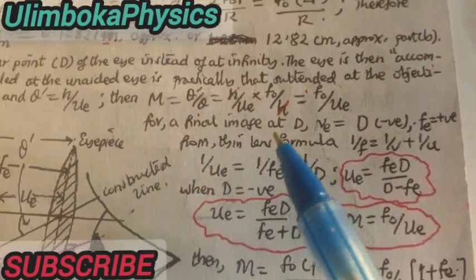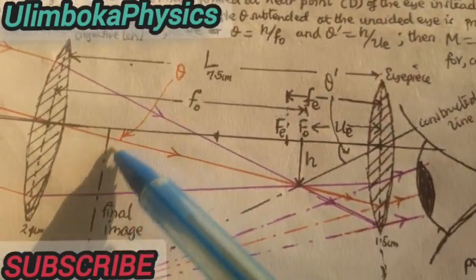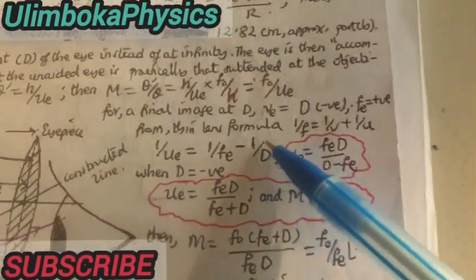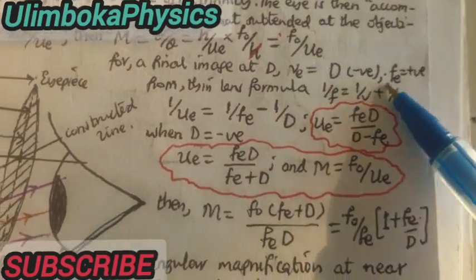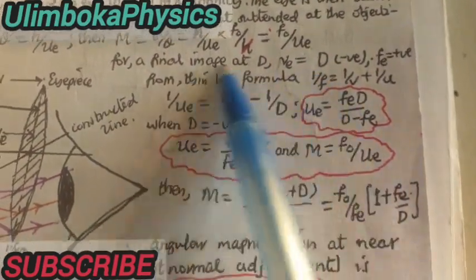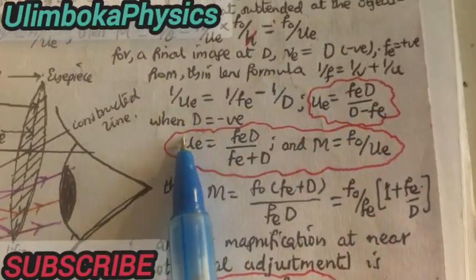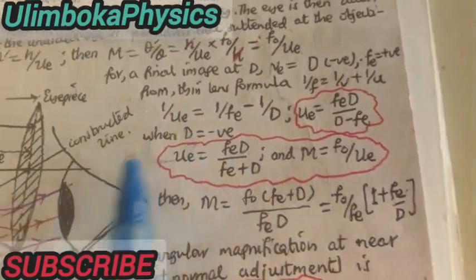For the final image at D, D is negative because the image is virtual, and D is equal to 25 centimeters. Now the focal length of the eyepiece is positive because it is a convex lens, and we use the thin lens formula to find the value of the image distance at the eyepiece.